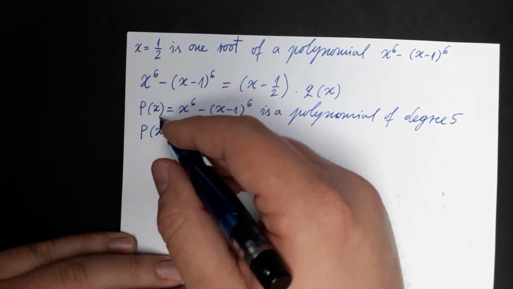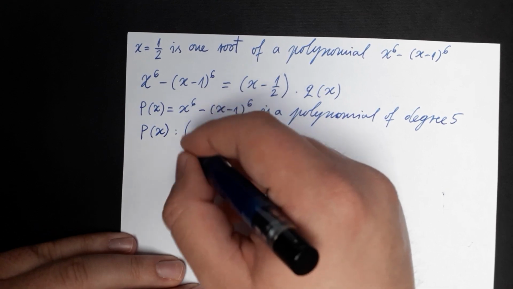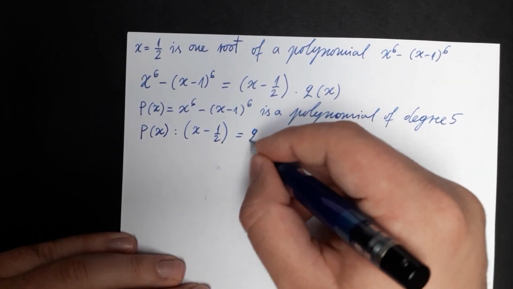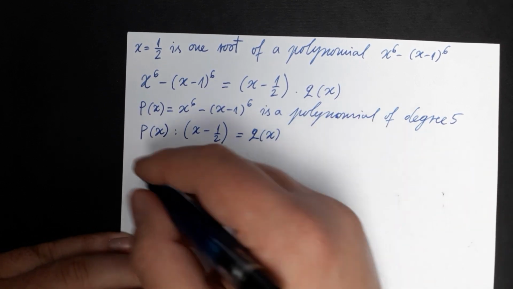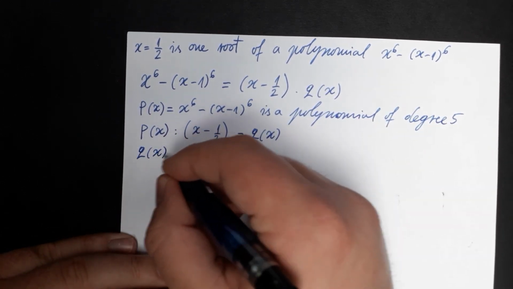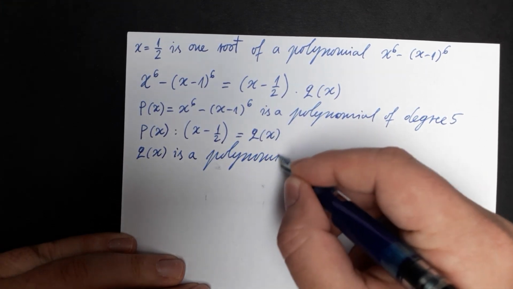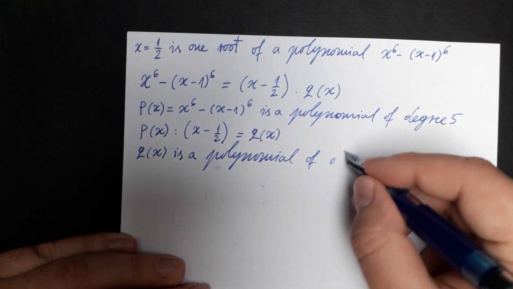When we take polynomial p of x and divide it by x minus 1/2, we are going to get a polynomial q of x, and that means that q of x is a polynomial of degree 4.